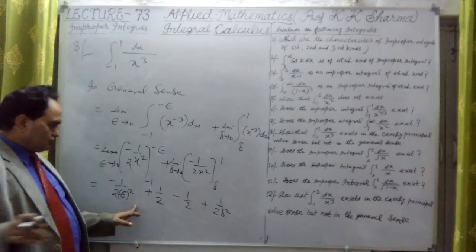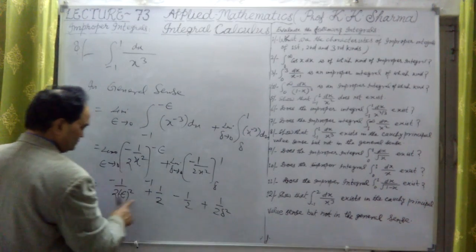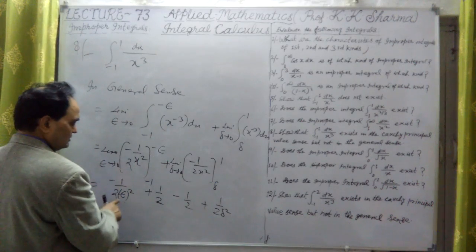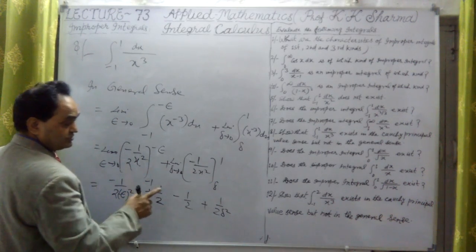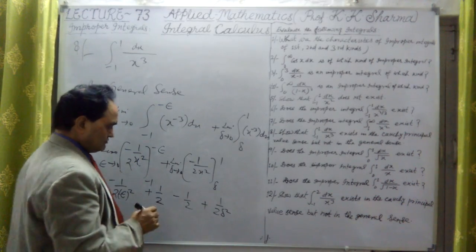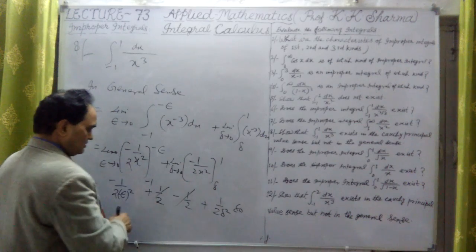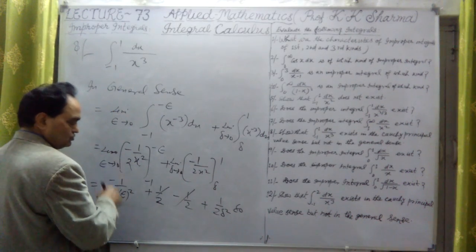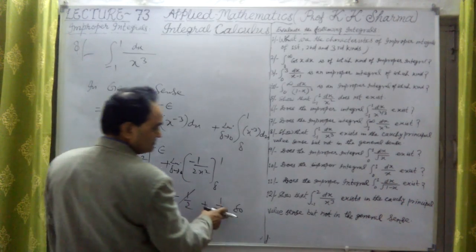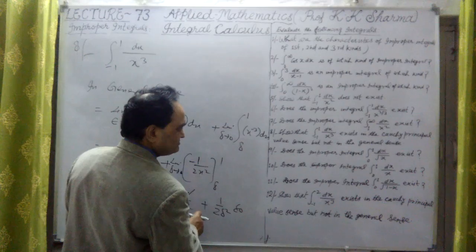If epsilon square tends to 0 and delta square tends to 0, in that situation these two values are not cancelled out. This is negative infinity plus infinity. In case of the general sense, it does not exist. It means that the value does not exist in the general sense.